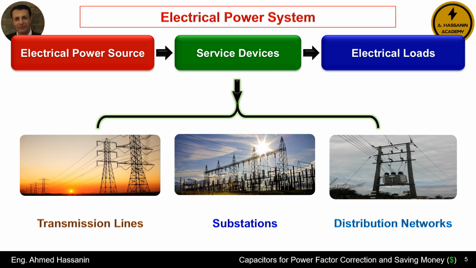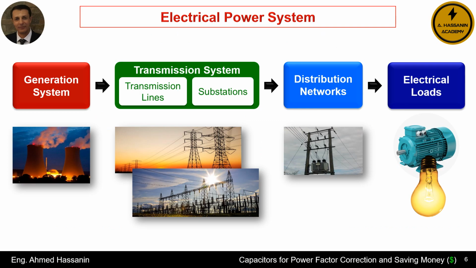Examples include power transformers, distribution transformers, power cables, and distribution panels. In general, service devices refer to all electrical equipment located in substations and transmission lines, whether operating at extra high or high voltage, as well as the service devices in distribution networks operating at medium and low voltage.